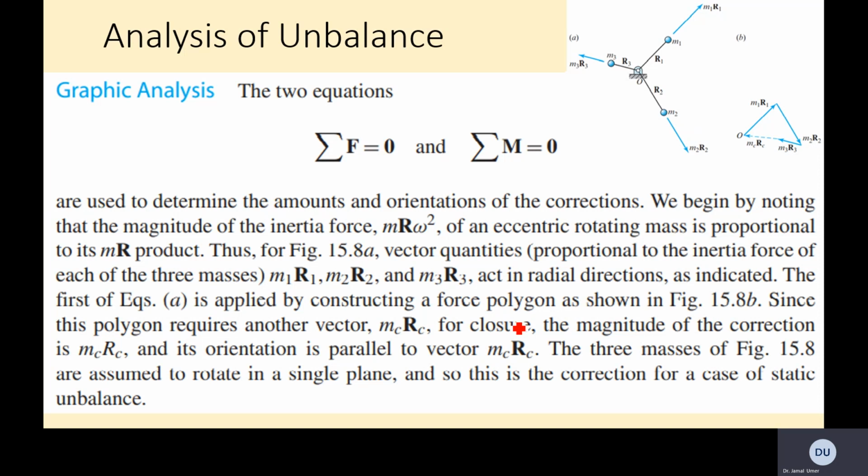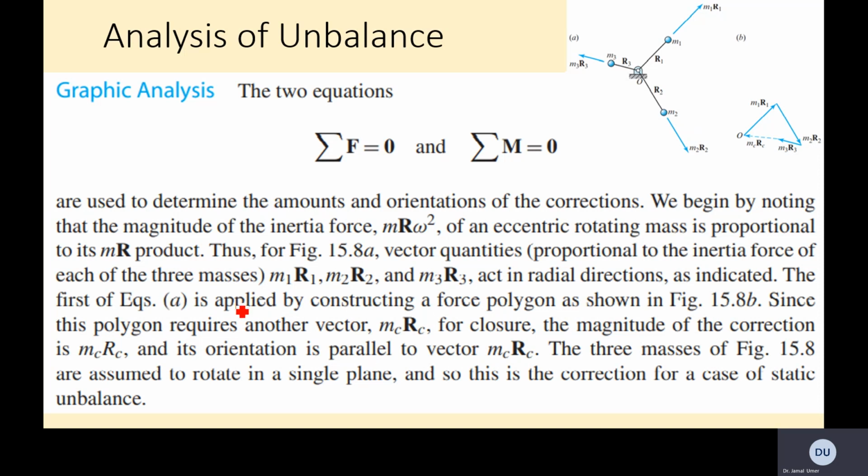So now onward we will do one of the methods called graphic analysis. We will use this methodology to balance, to find out what the unbalanced forces are. And of course, once you know the unbalanced forces, then we will see how we can correct those. For that, you will use these equations.